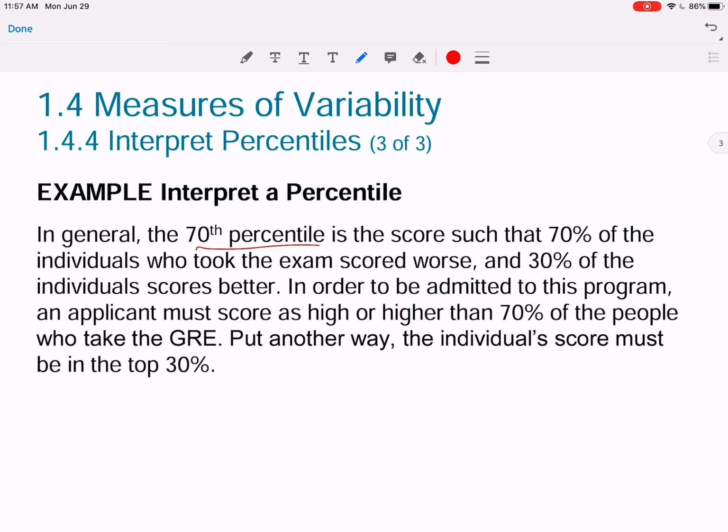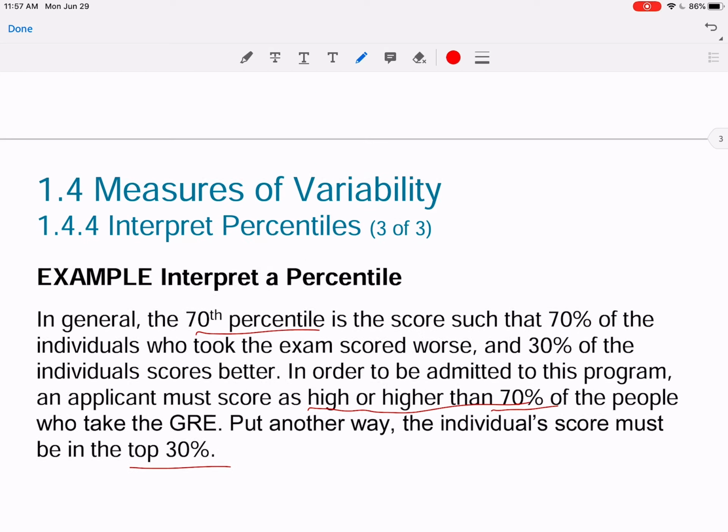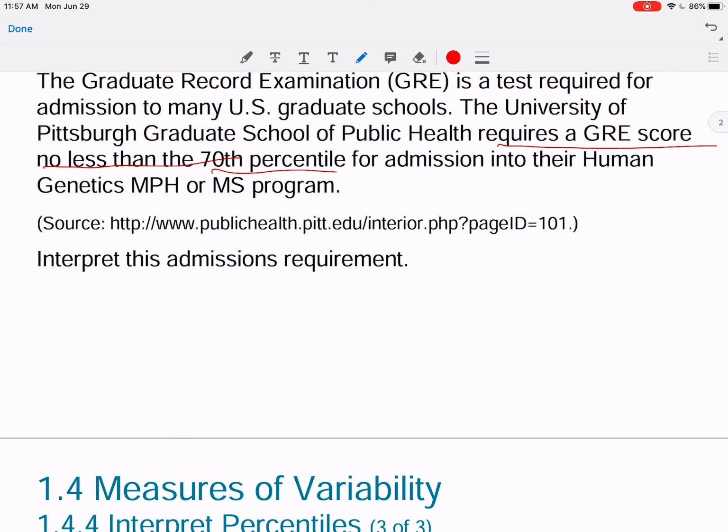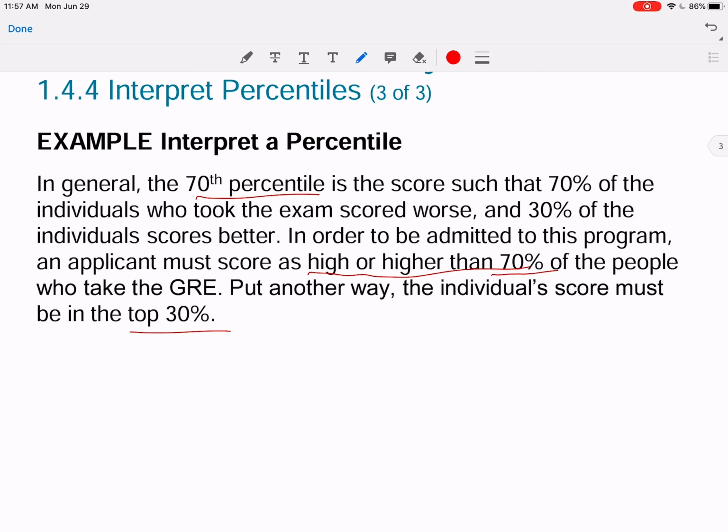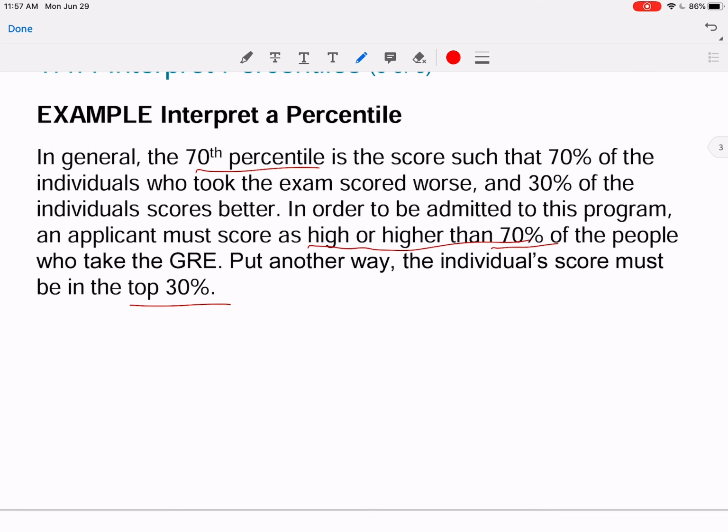In order to be admitted to this program, an applicant must score as high or higher than 70% of people who take the GRE. Put another way, the individual score must be in the top 30%. That's pretty much the same as what we just mentioned up here. That's pretty much all about the percentile.